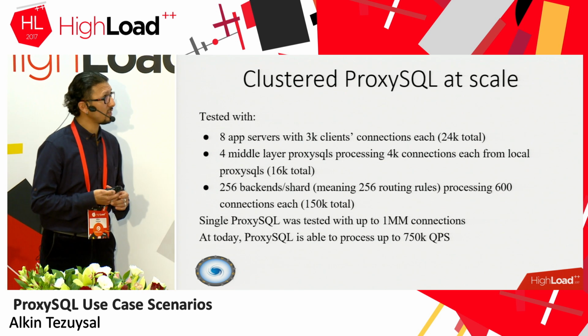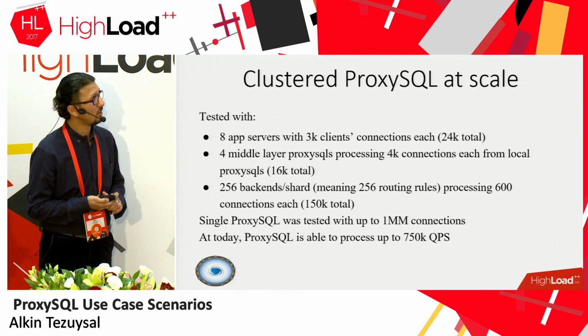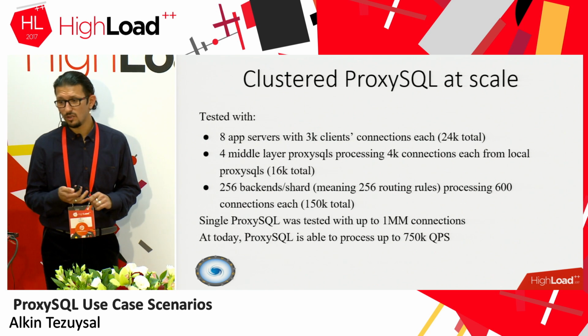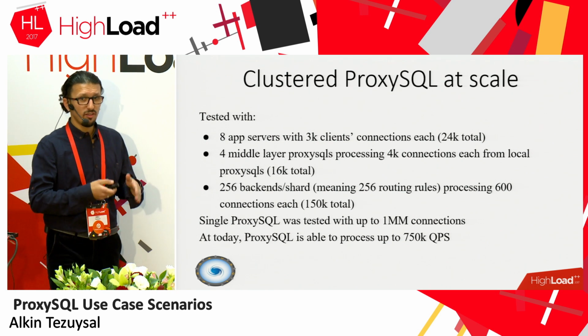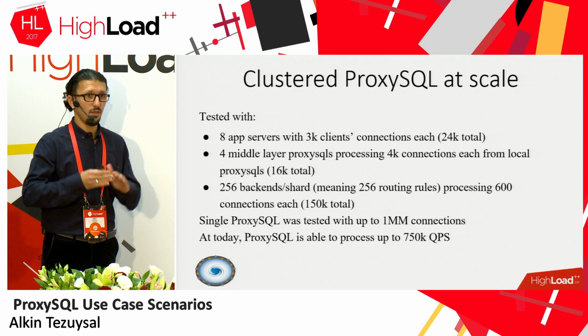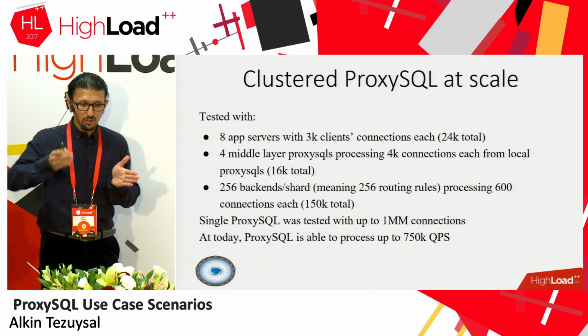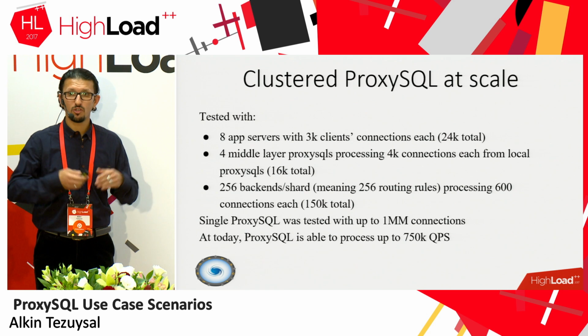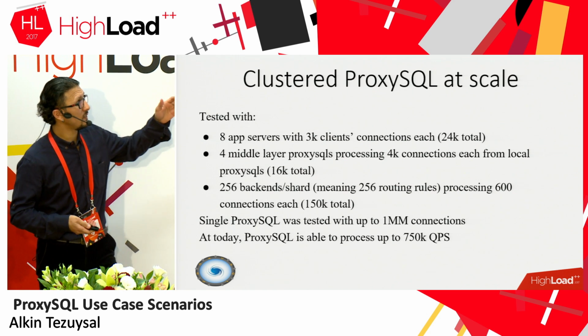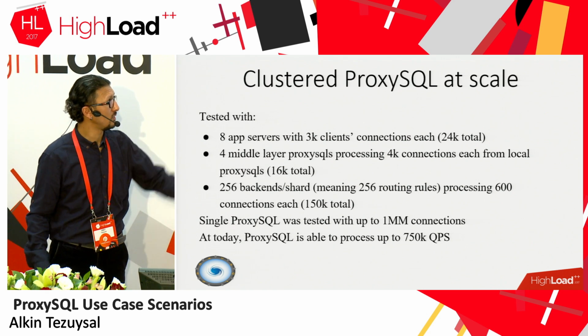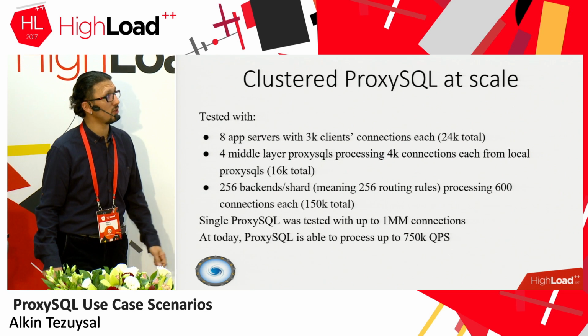The clustered setup is basically a multi-layered ProxySQL, tested with these layers, so it's layer over layer. When things get really complicated and big, you can have multiple ProxySQL layers and reach huge numbers.